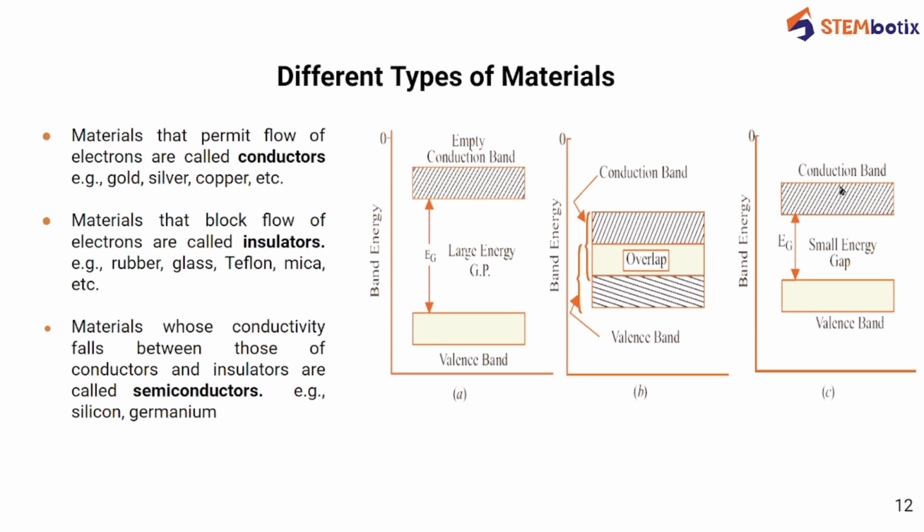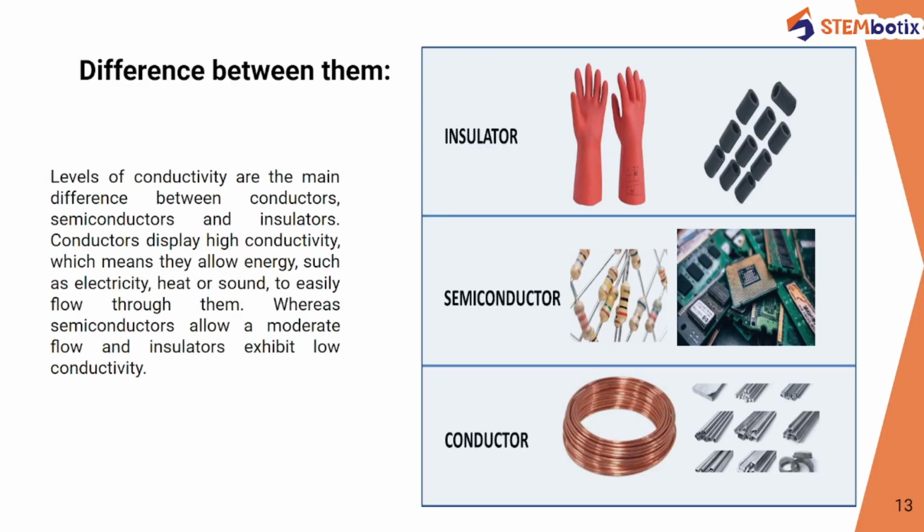So in semiconductors the conduction band and valence band have a small energy gap, whereas in conductors there is a negligible energy gap, whereas in insulators the conduction band and valence band have a large energy gap. So these are the differences between them.